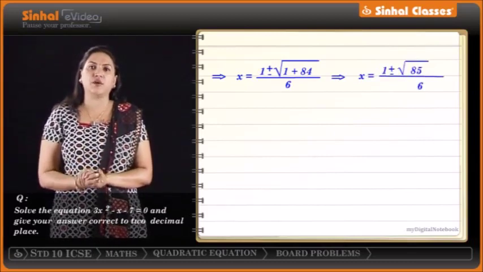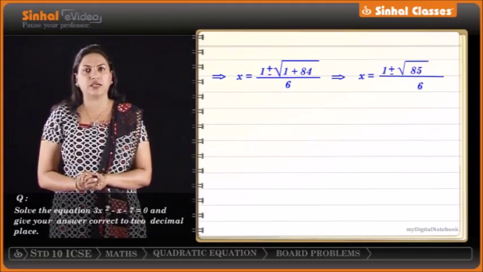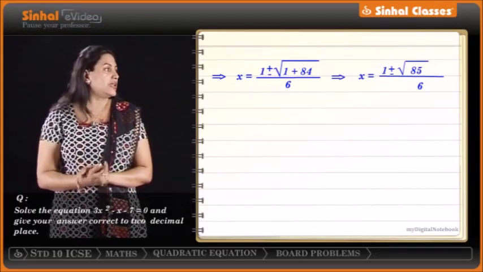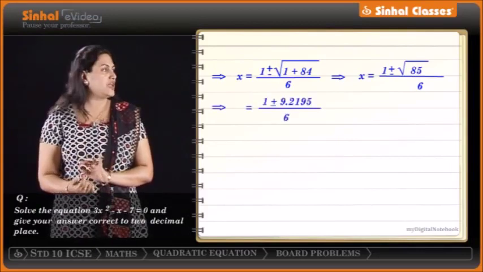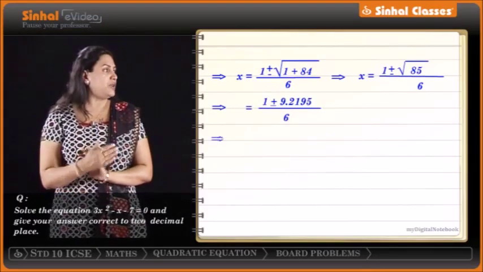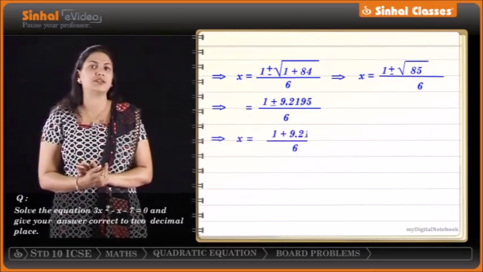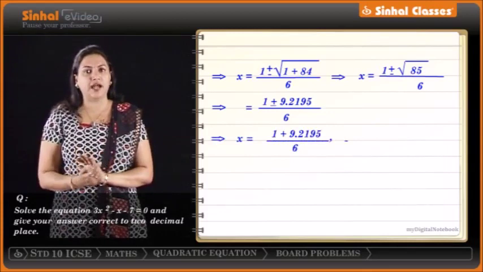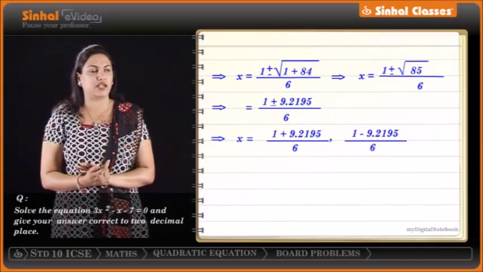Now we want the square root of 85. We will see that from the log tables, which is 9.2195. So we have 1 plus 9.2195 upon 6 and 1 minus 9.2195 upon 6.